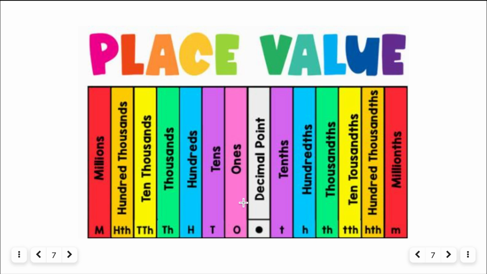You need to know. So you have to know all the names of all of these places because it depends on where I ask you to round to. All right. If you don't know the name of it, how are you going to know where to stop the number? Okay. So that's important.